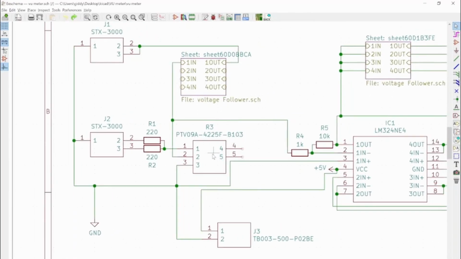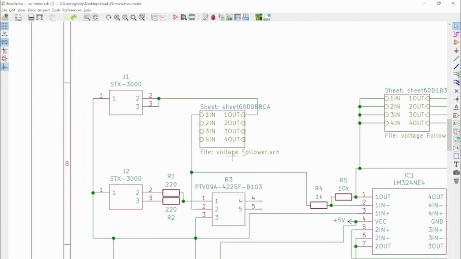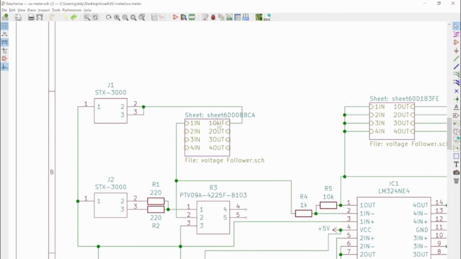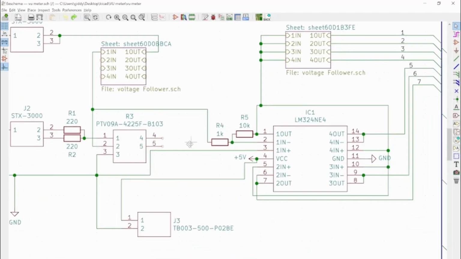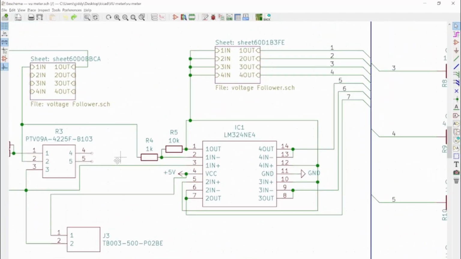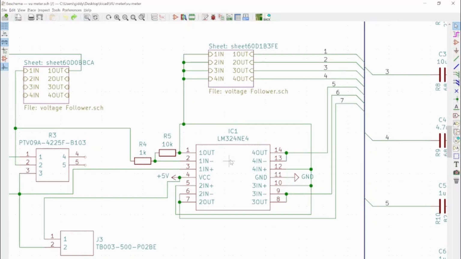Okay, so we can decrease the voltage coming in. We've then got a voltage follower. This is a subsheet in KiCad, which just makes it simpler. I only had to design it once instead of 100 times, going into our audio output. We've then got a series of op amps.